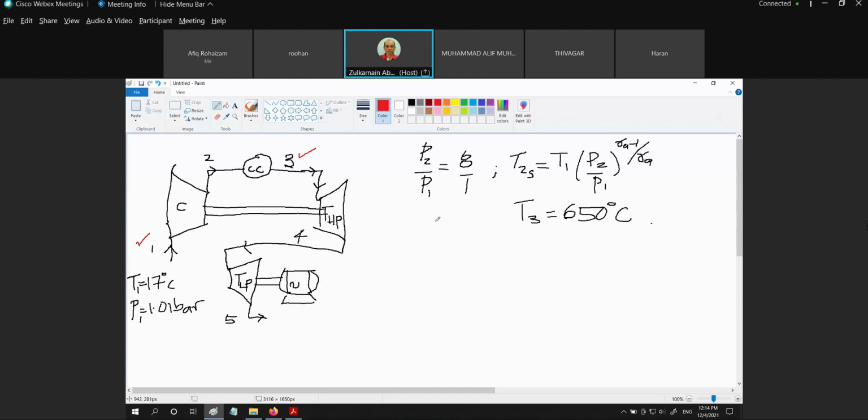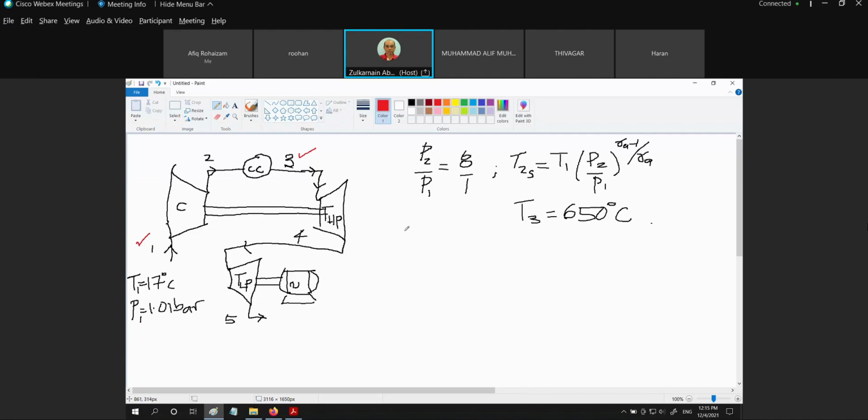How do we solve the temperature? I'm only looking at the solving of the temperature. So this is how we solve the temperature of this T2S. Okay.